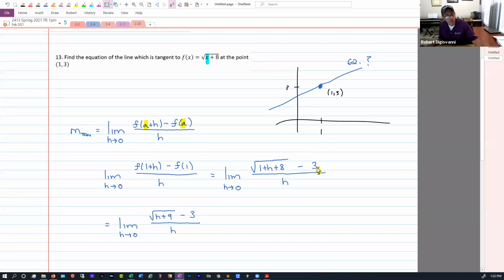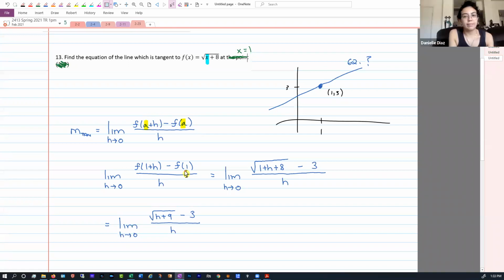However, what if the problem was phrased this way: find the equation of the tangent line at x equals 1, and they don't give you the point like that. Then you'd say, okay, a is 1, but they don't give you the y coordinate, so you would have to do this part. That makes sense? Okay.